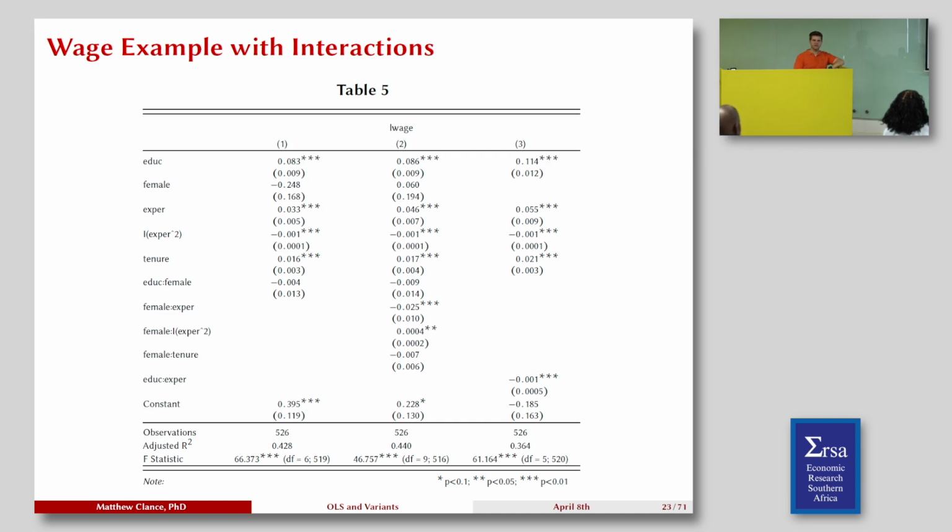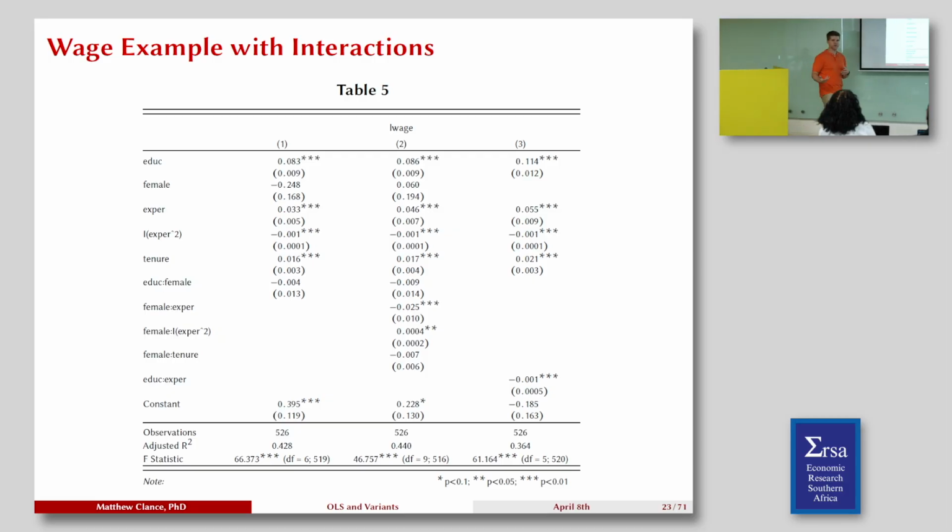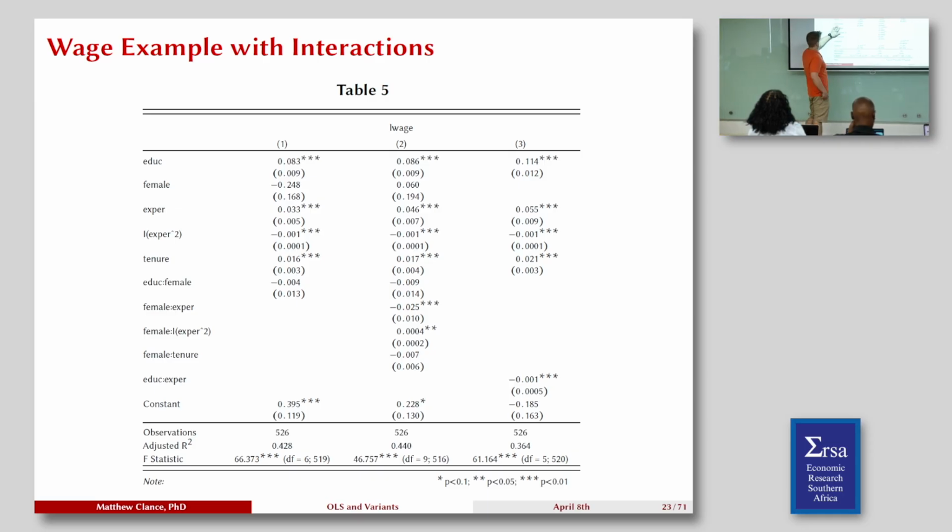Just throwing in interactions can help you with those nonlinearities, but remember that it's fundamentally changing how we're structuring the question we're asking. One is, is there an educational difference across males and females in how it affects their wages? Here, is there a fundamental difference across all the things that we use for controls?